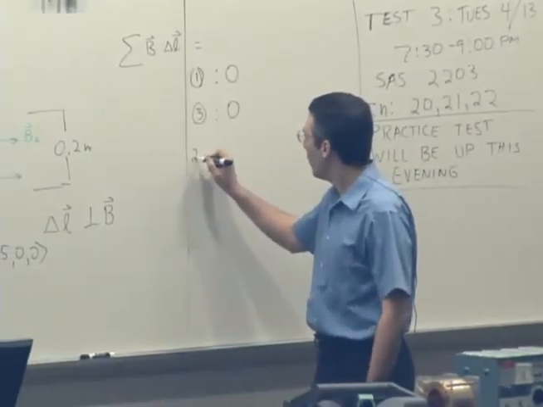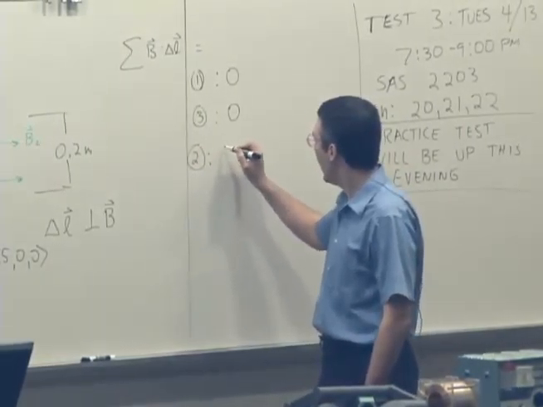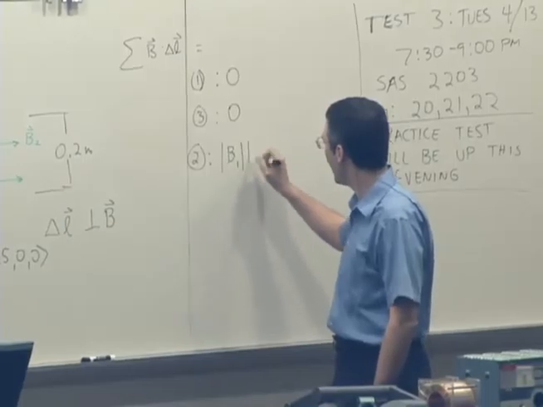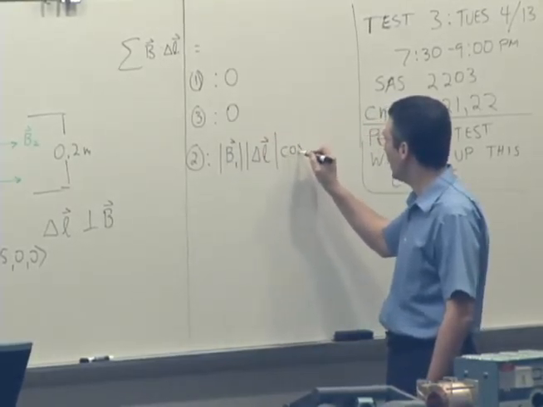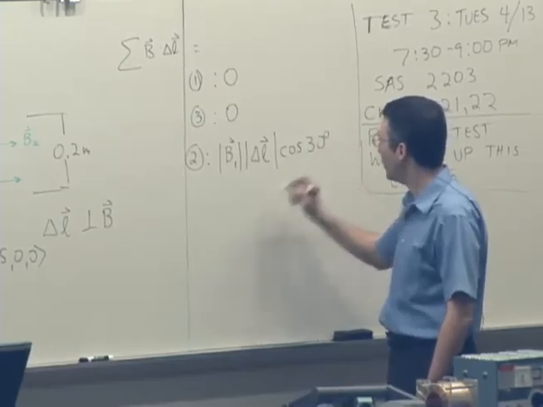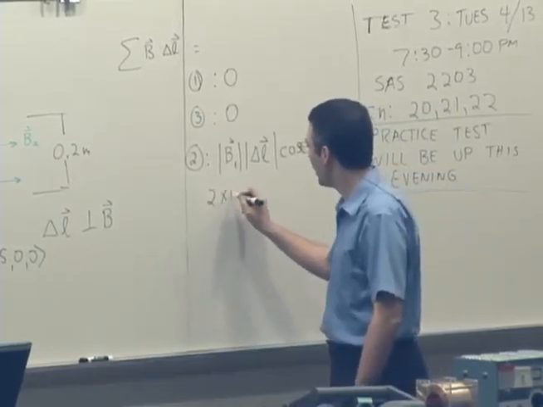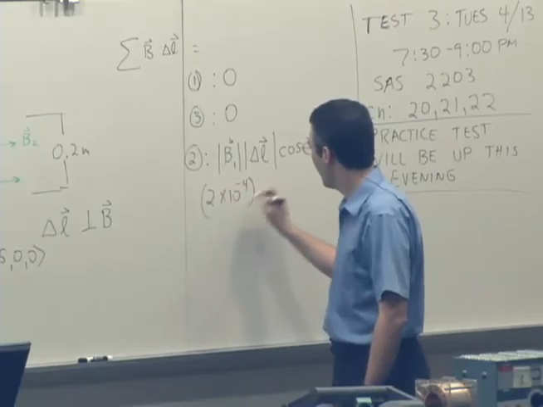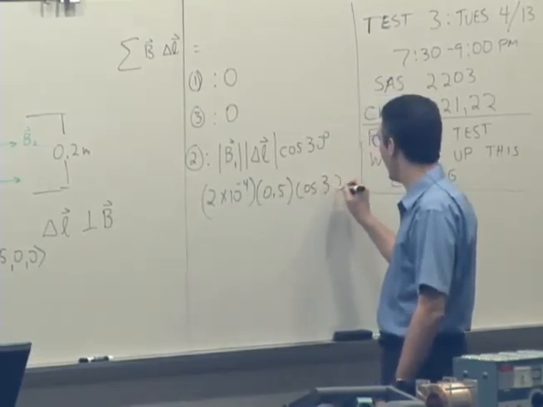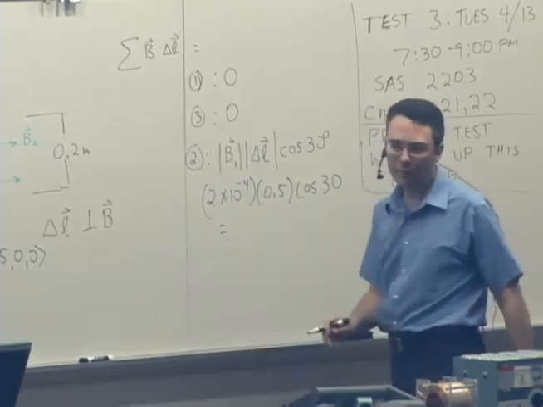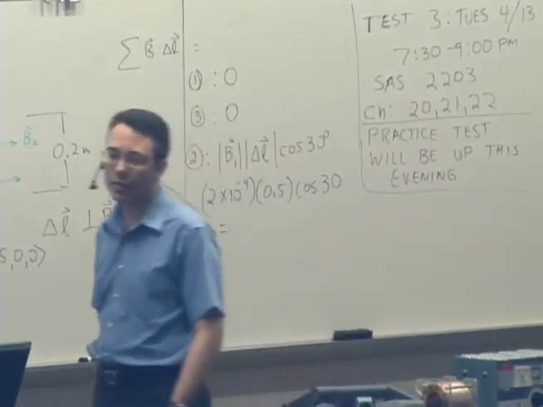We have on segment 2, the magnitude of B1 times the magnitude of delta L times the cosine of 30 degrees. So we get 2 times 10 to the minus 4 times 0.5 times cosine 30, which is equal to what? Well, half that, right?